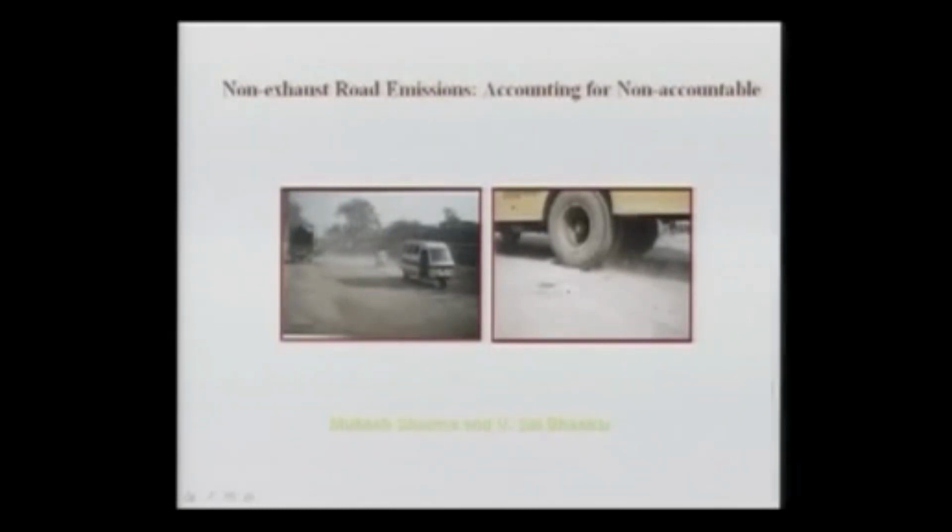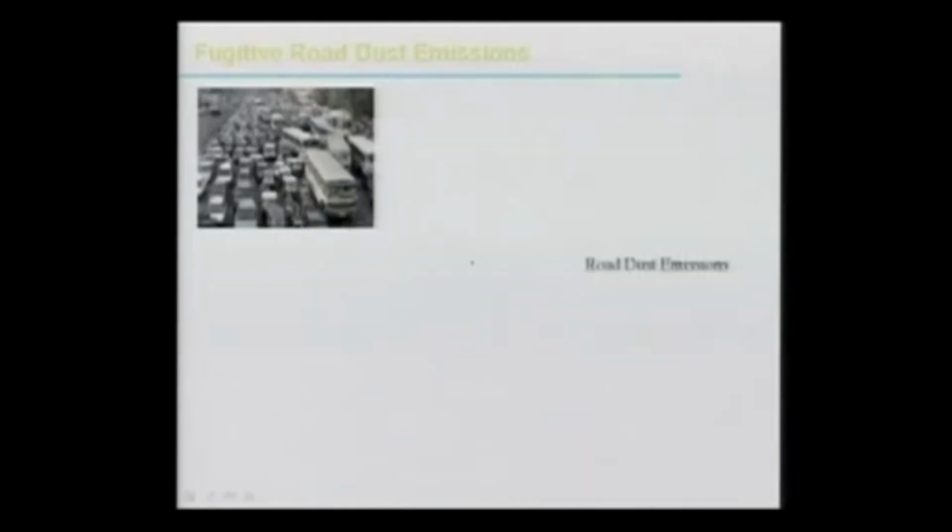This is typically a situation we find a lot in Indian conditions. You see here there is a little tempo going on a kind of unpaved or partially paved road, and this is the paved road, but heavy traffic is there, and as a result we want to estimate the emissions from this.